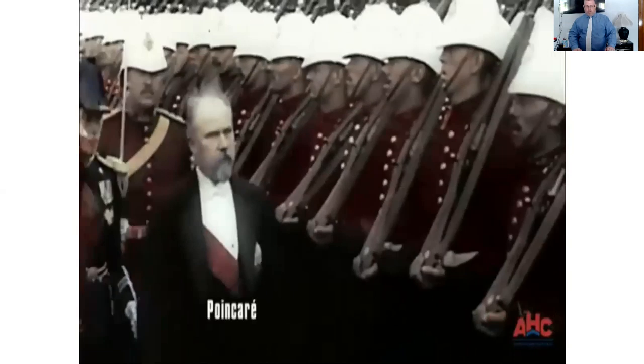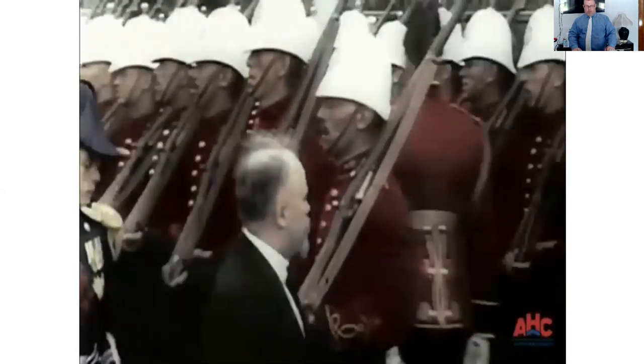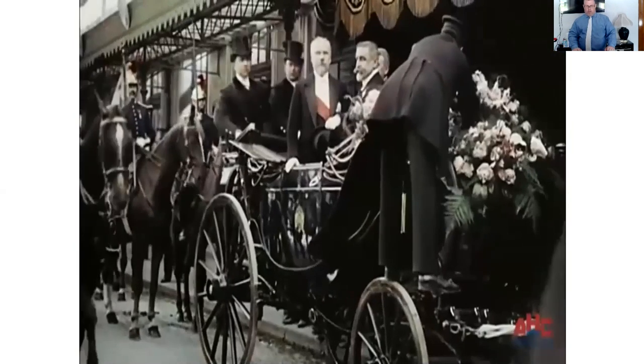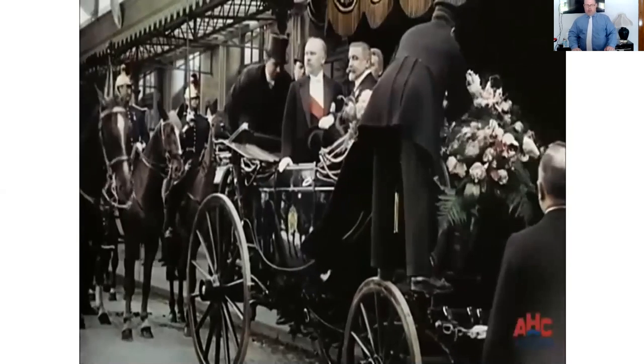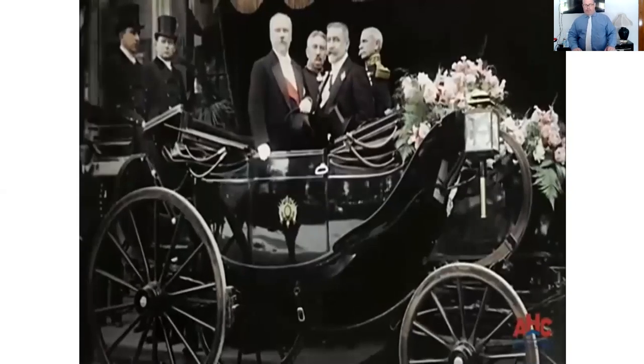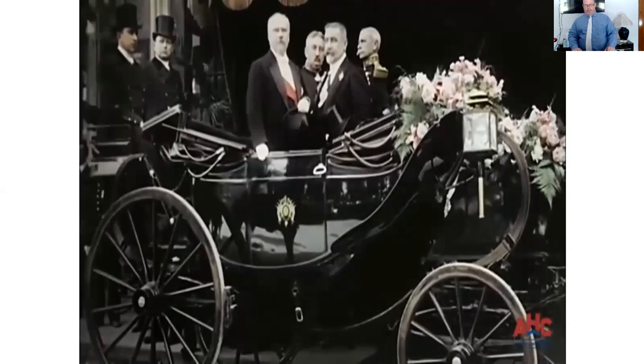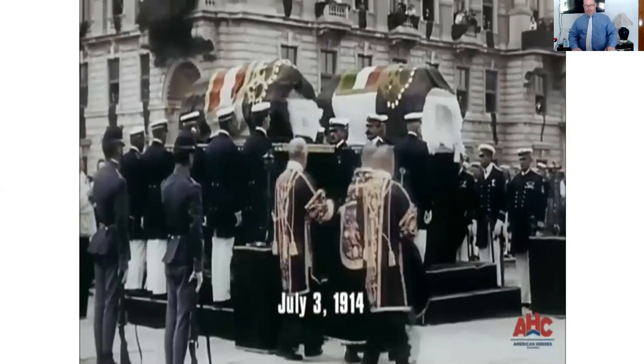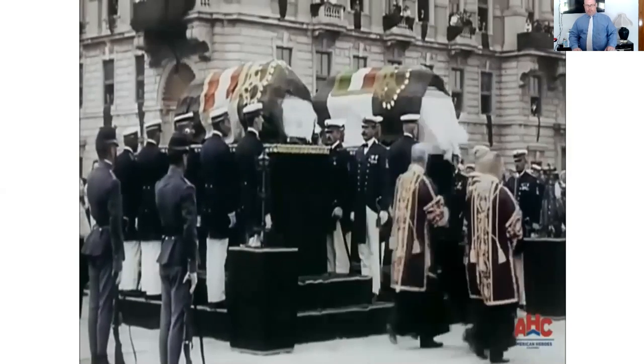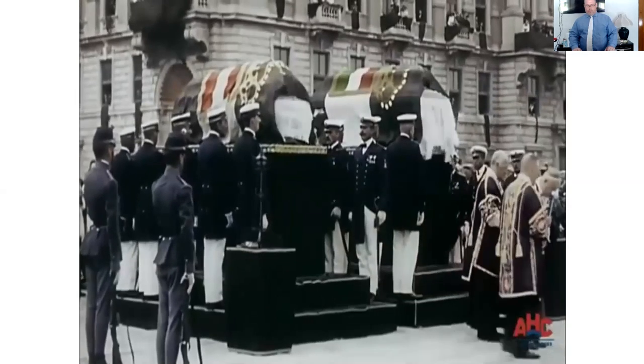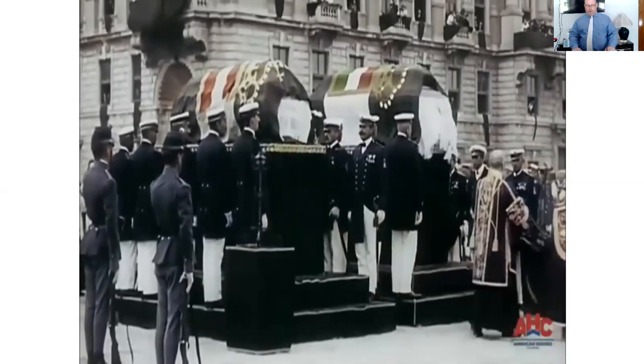Poincaré, 54, may be a moderate, but he comes from the Lorraine region that Germany annexed, and that all France now dreams of reconquering. July 3rd, 1914, with the funerals of Franz Ferdinand and Sophie Chotek, the countdown to war begins.